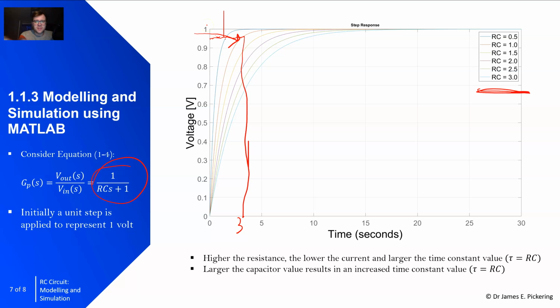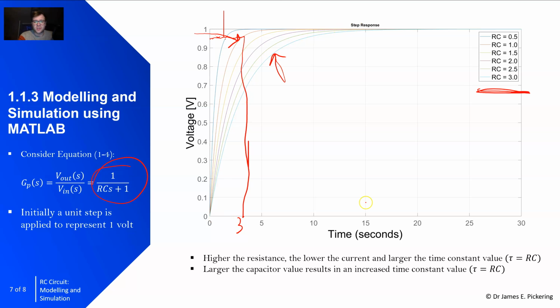As you expect, if you increase the resistor or the capacitor, the time that it takes to charge the capacitor is going to increase. So you can see as a result, RC in this case is 3 on this one, and the system response is much, much slower.